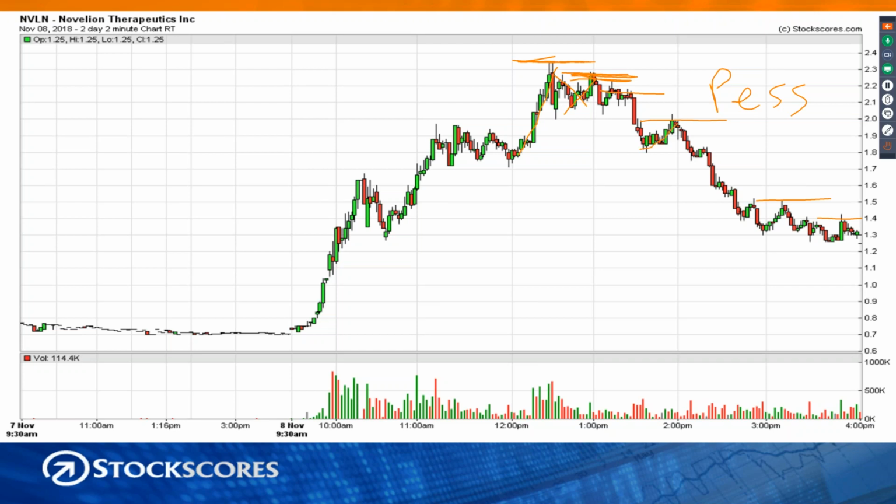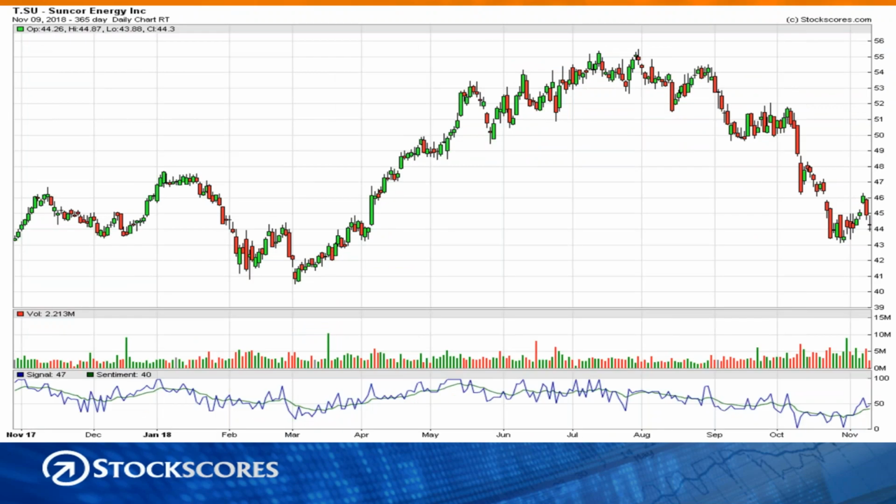And here again, the buyers push it up for a few days, actually a few minutes, but they can't push it as high as the last time they pushed it up. And so we get a falling top. Anytime there's falling tops, it's really a sign that the buyers are not as strong as the sellers. You can look at that on a longer term chart as well.